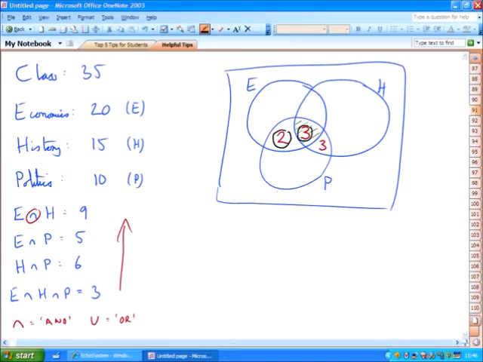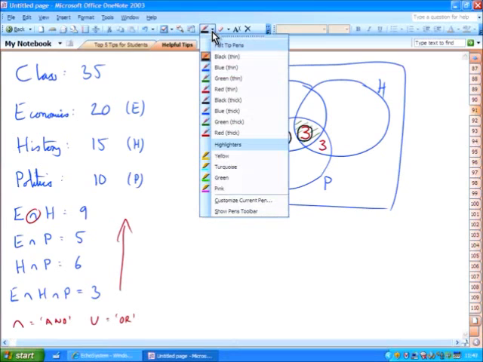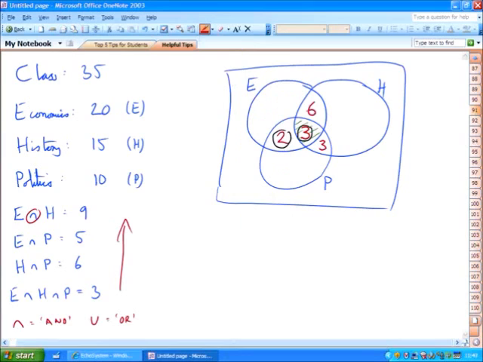However, there are 2 of the 5 students who just study economics and politics and not history. Similarly, we have 9 students who study economics and history. Clearly 3 of them study politics as well. So 6 goes in here because 6 of these 9 students do not study politics as well.